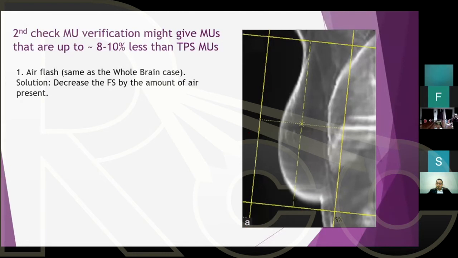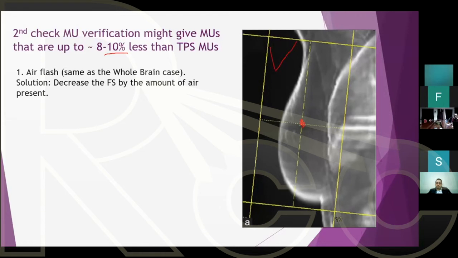But now let's look at MU verification. If you're doing MU verification for breast and the isocenter or your prescription point is here, you will easily get 10% discrepancy. Oh my! Okay, before we go into this crisis mode, we have something similar to brain.